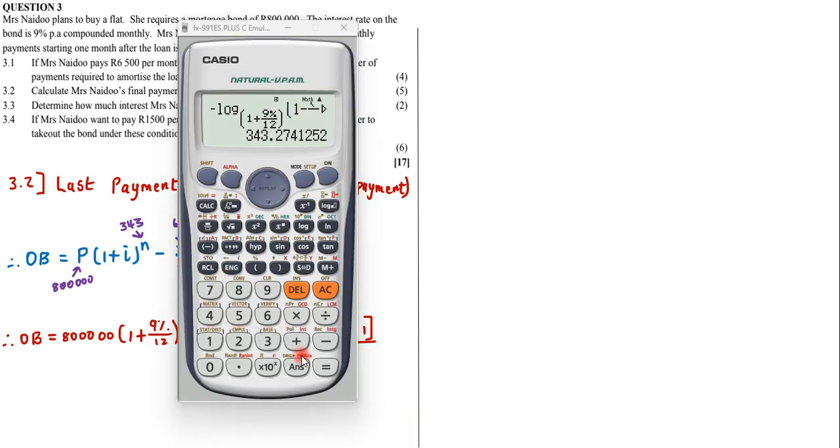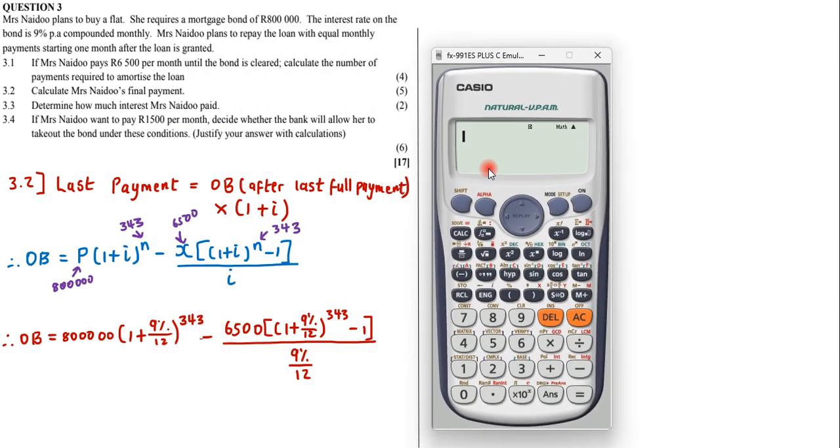Going back into our calculator, we first press in our 800,000 Rand, and then 1 plus 9% divided by 12 to the power of 343.